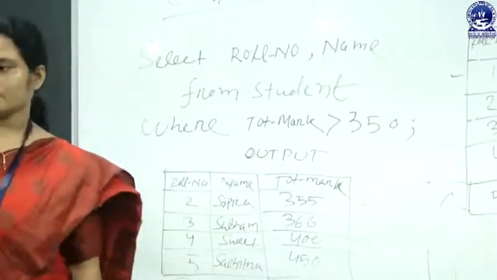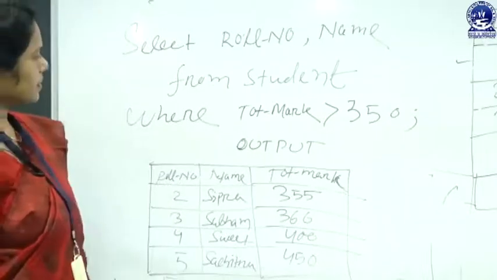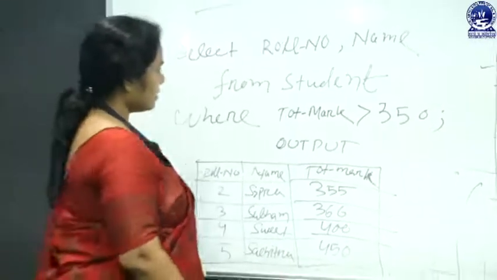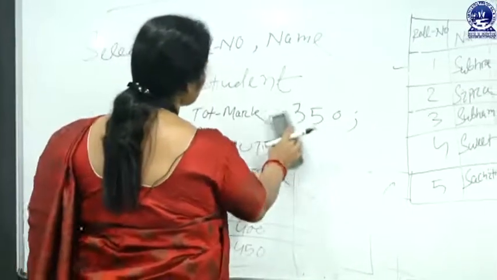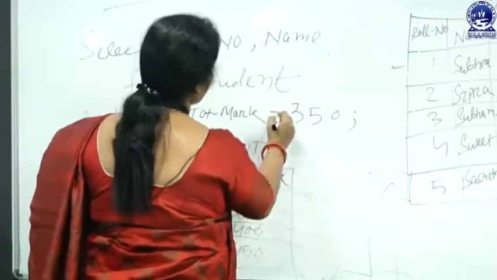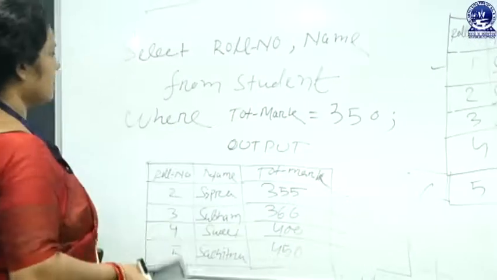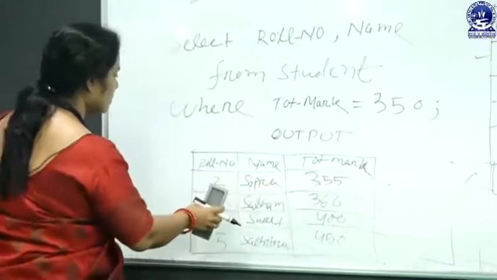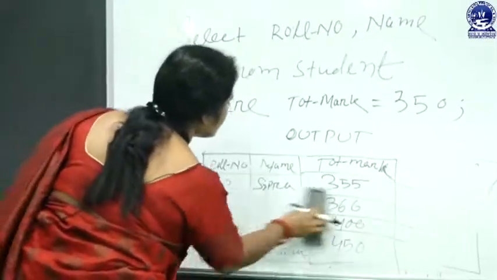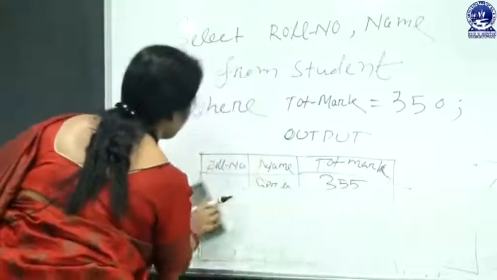Suppose I want to display the name of the student who has secured total mark equal to 350. It will display only the name of the student who has secured exactly 350 marks.